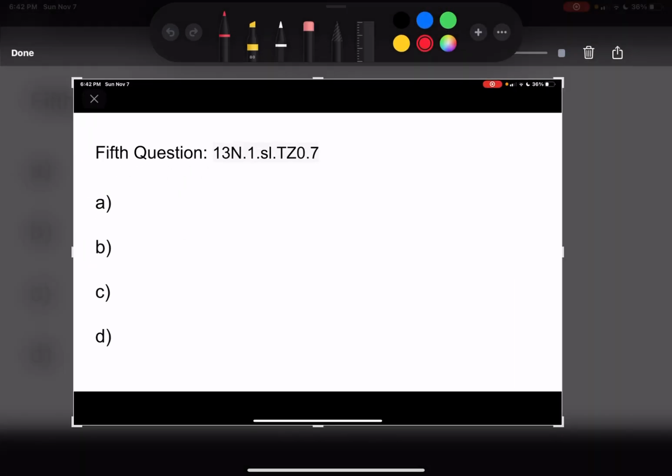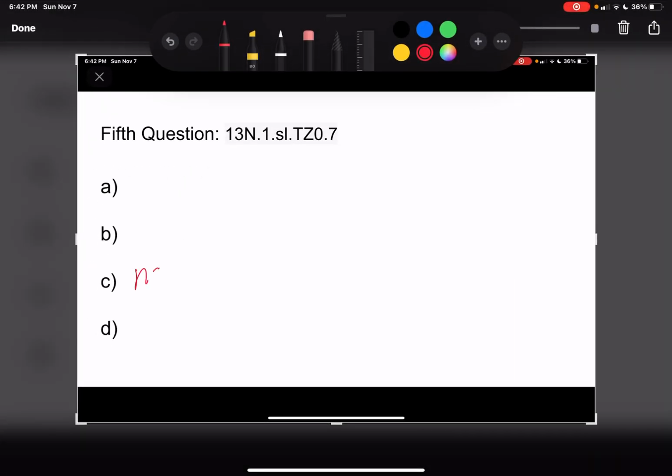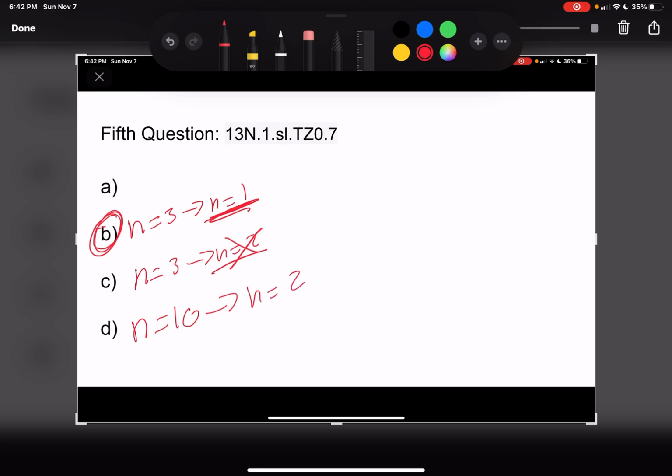It can't be C, because C dropped down from n equal 3 to n equal 2, so it's incorrect. And it can be B, because it dropped down from n equal 3 to n equal 1. I'm sorry, I meant the answer is B, because it dropped down to n equal 1. D is the incorrect answer, because it dropped down from n equal 10 to n equal 2, which is incorrect, because it also dropped down to n equal 2.